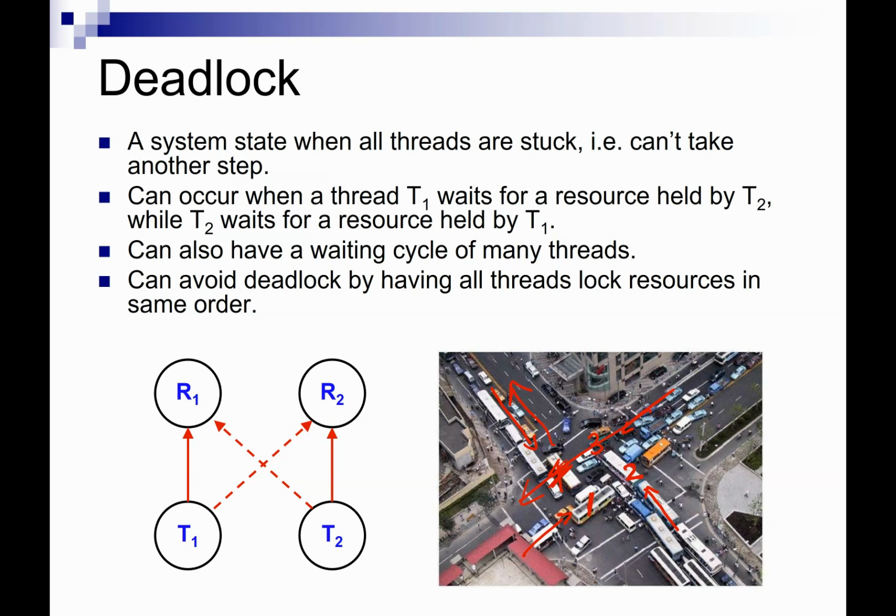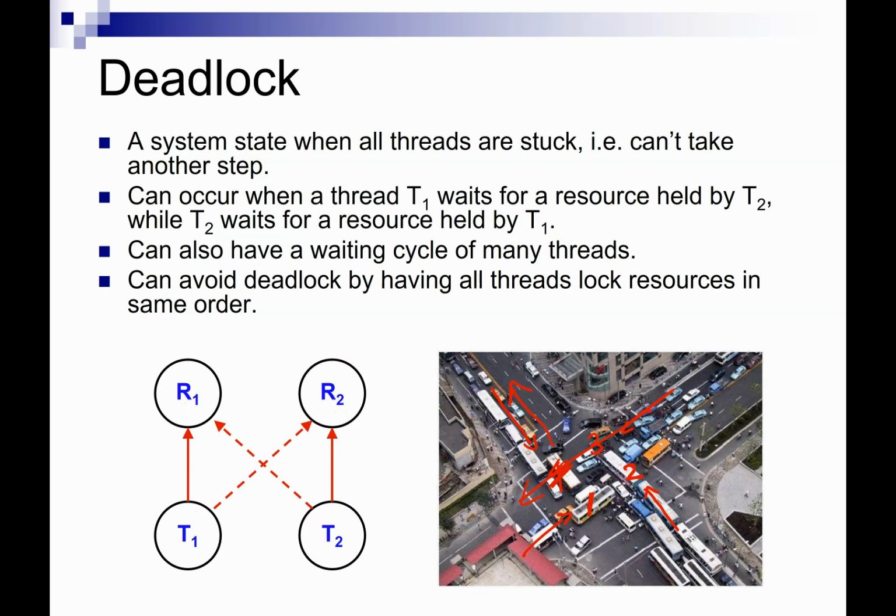Okay, so now one way that you can avoid deadlocks is, if you have these 2 resources, the problem here was that T1 locked R1 first, and then T2 locked R2, right? And then after T2 locked R2, it tried to get R1. But by that point it's already too late because R1's been taken by T1.